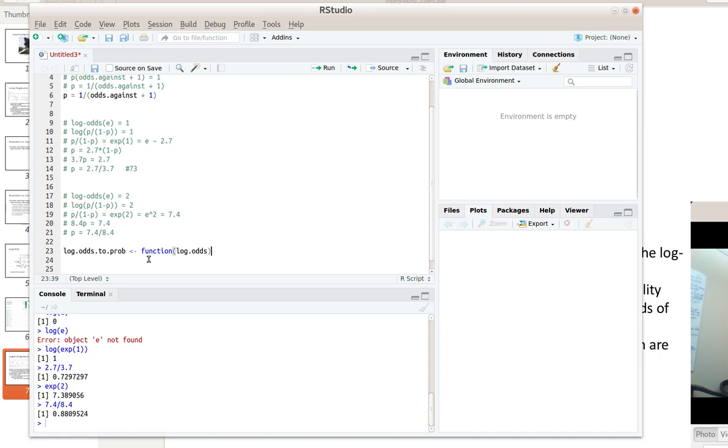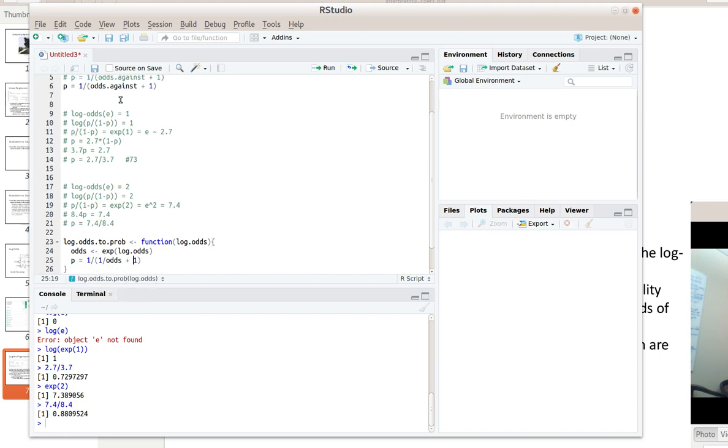So the odds are just exp of log odds, right? And now P is 1 divided by, here we have the odds against, so this would be 1 over odds plus 1, and that's just going to be the probability.